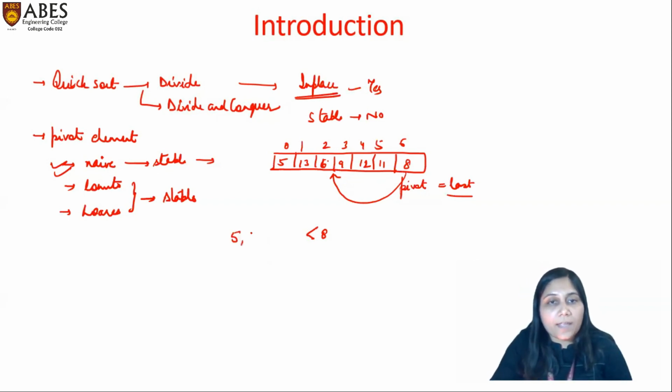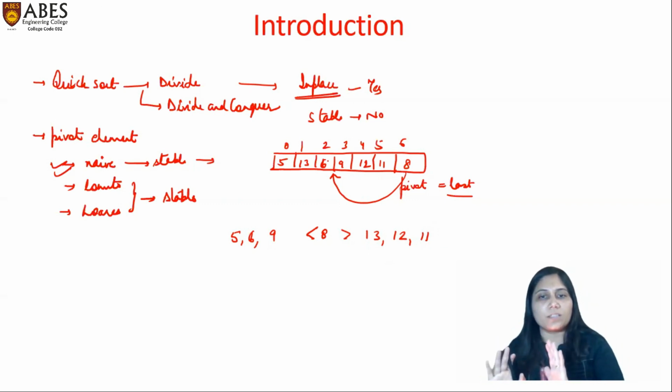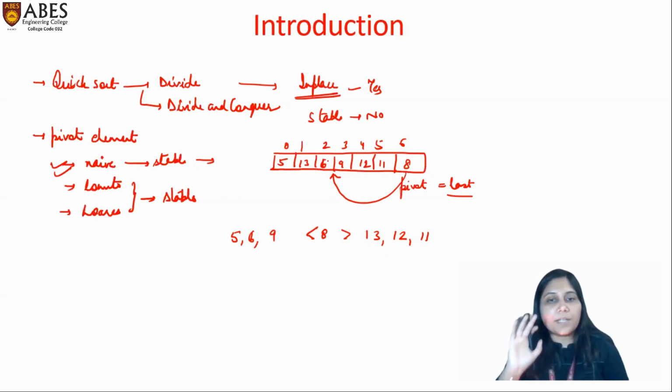So it will be like 5, 6, and 9 on the left side, and the greater values, 13, 12, and 11, will go to the right hand side. This is not a matter of concern for us. For partition, it is only required to place the pivot element at a particular position, and then we can perform the combine or the sorting process. That we'll do once we complete this one.